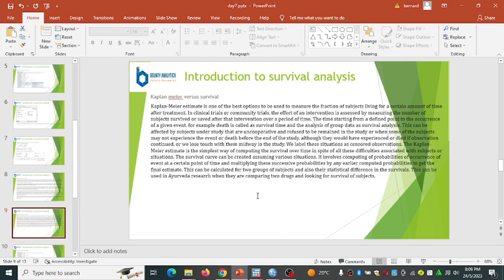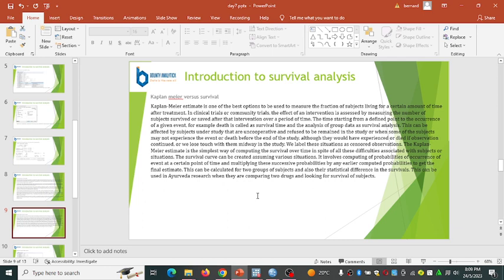So this can be calculated for two groups of subjects and also their statistical difference in the survivals. So this can be used in this type of research, the Ayurveda, and all those other things.